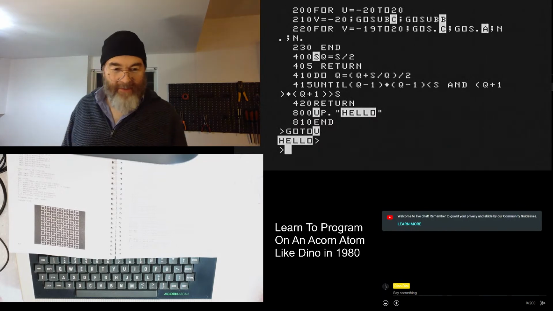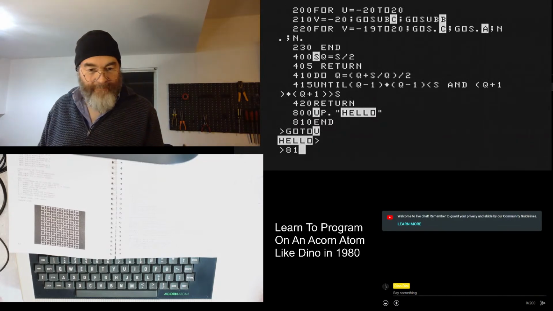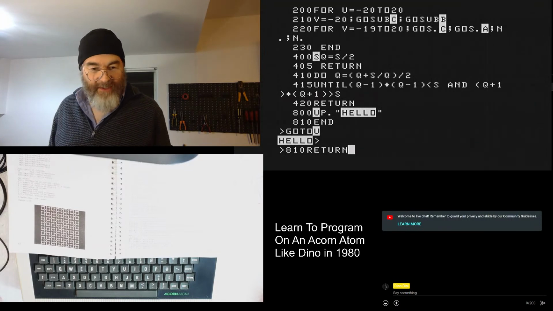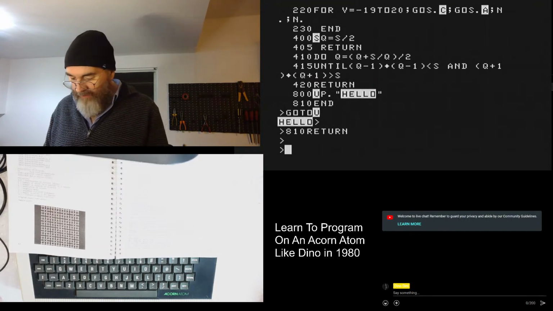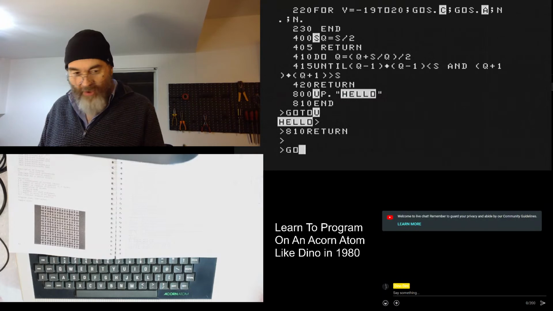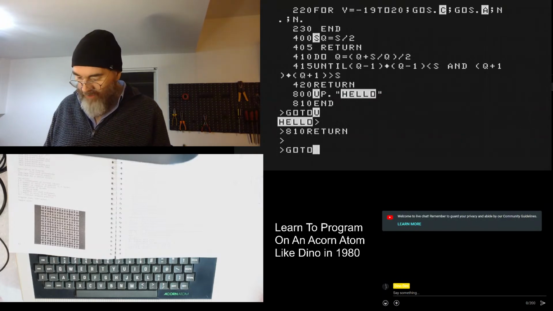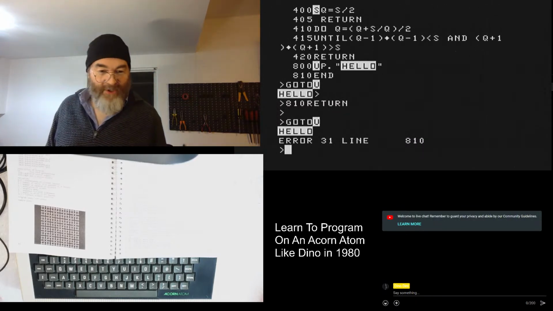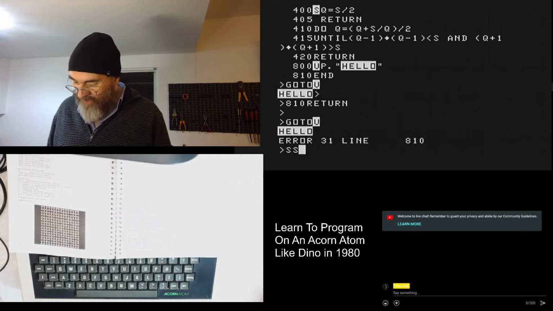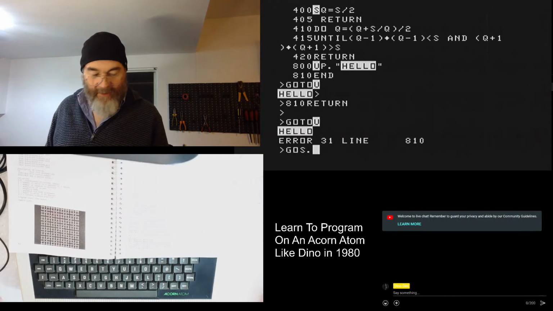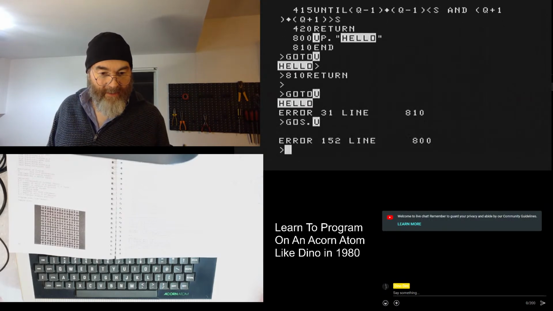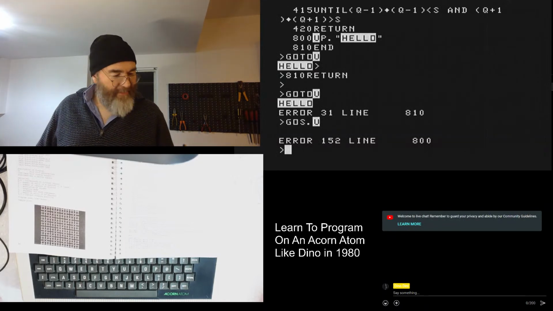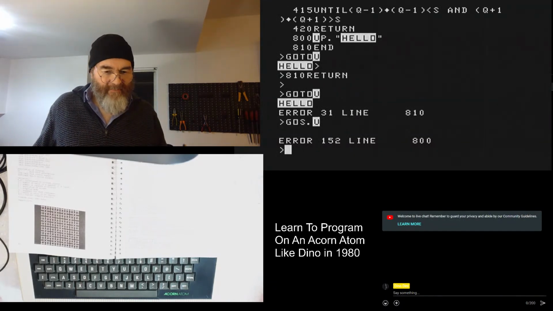Yes, that worked. At 810, I put a return statement in. Go to U. Error 31 because I have an invalid return statement. But if I do a go sub to it, go sub U. That is very odd.